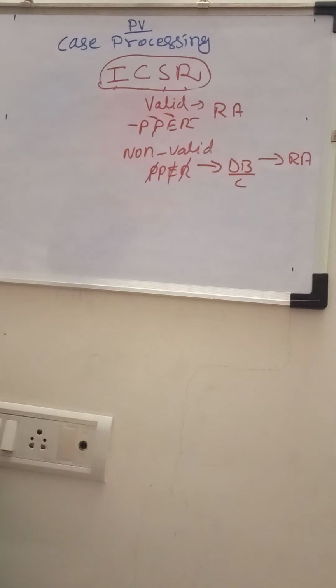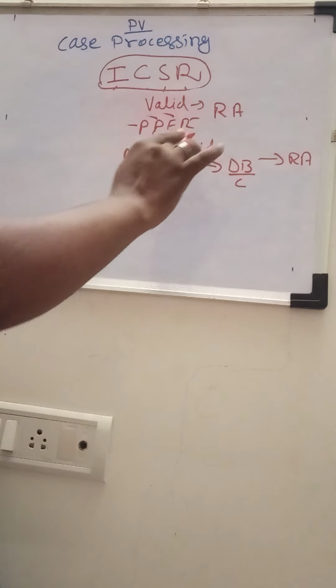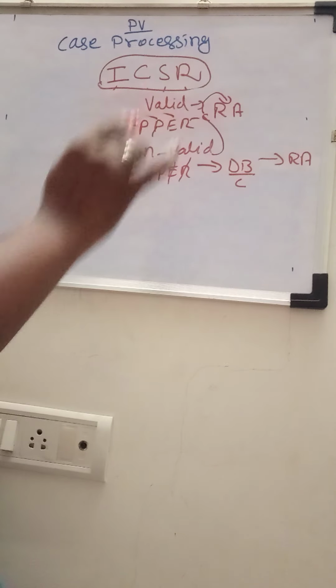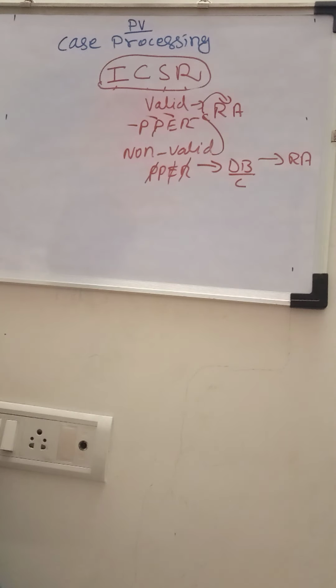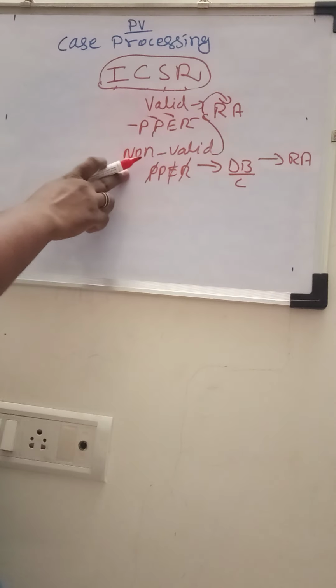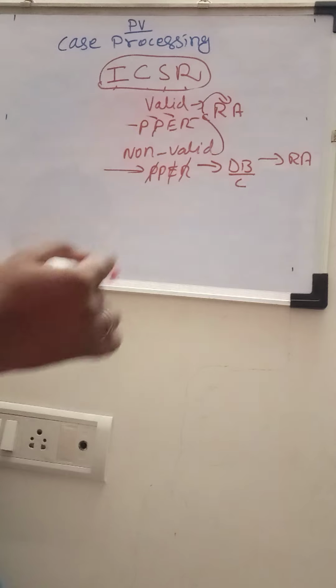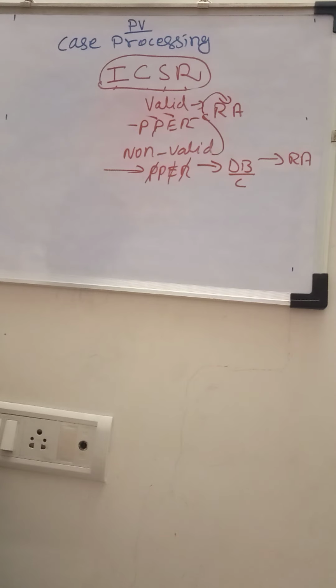If we get additional or follow-up details, then that case becomes valid and goes to the regulatory authority's attention. Till then it is stored in our local database. All the non-valid cases are utilized for signal and other purposes until we get the complete information. So this is the basic fundamental about valid and non-valid cases.